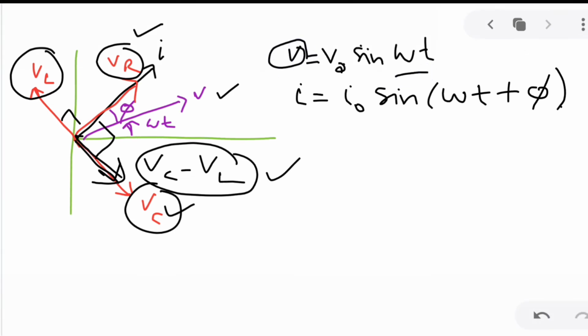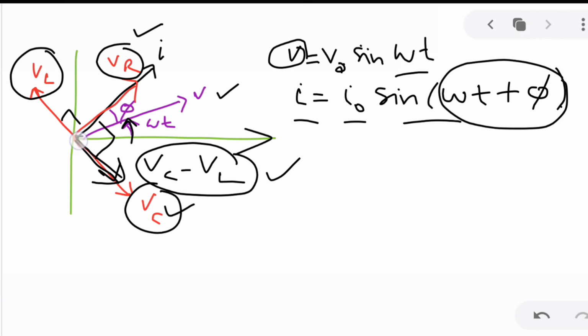So V is equal to V naught sin omega t. That means this horizontal line is taken as the reference line, so the angle made by the voltage is omega t. And current is I naught sin omega t plus phi, so the phase is omega t plus phi. With this reference line, the total angle will be omega t plus phi.